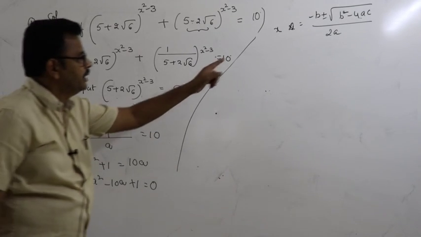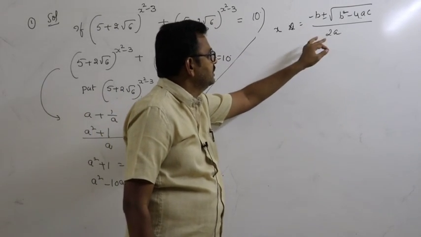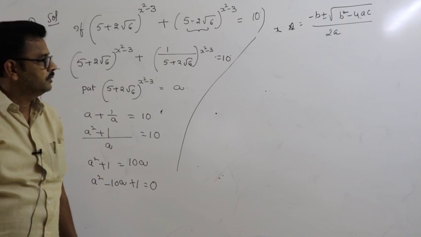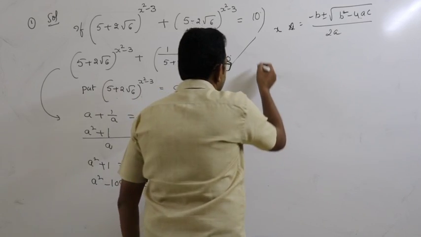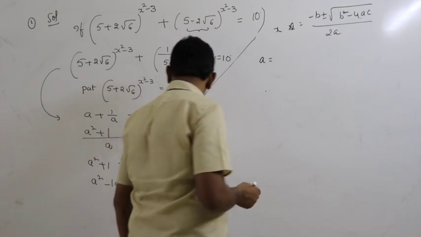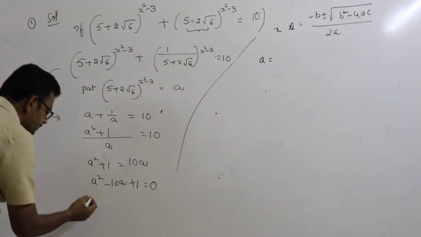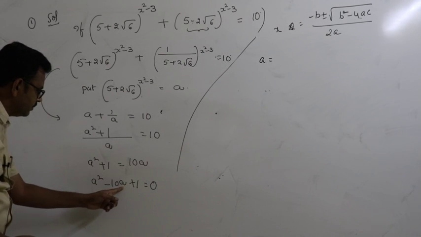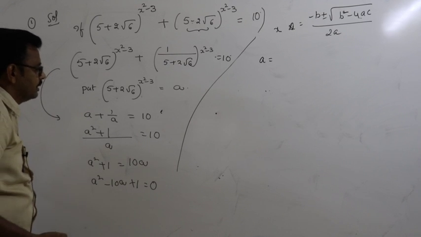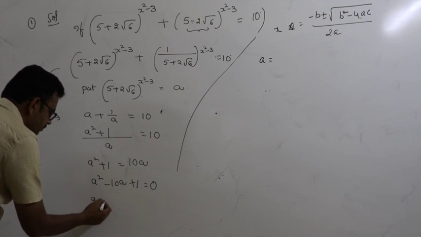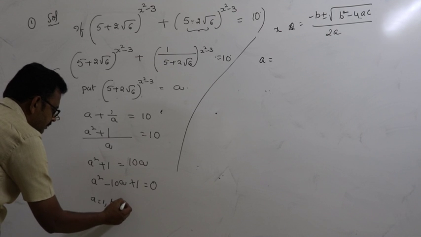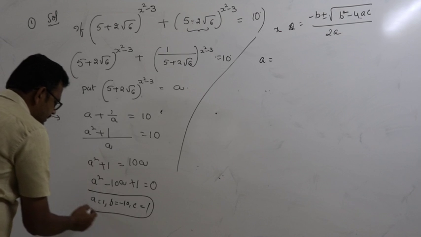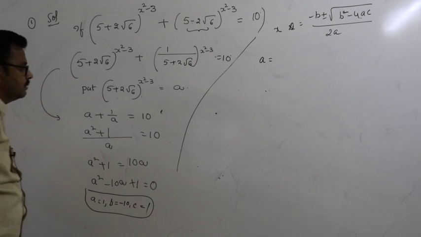So what are the values here? The coefficient of a square is 1, b is minus 10, c is 1. Here a equal to 1, b is equal to minus 10, c equal to 1.